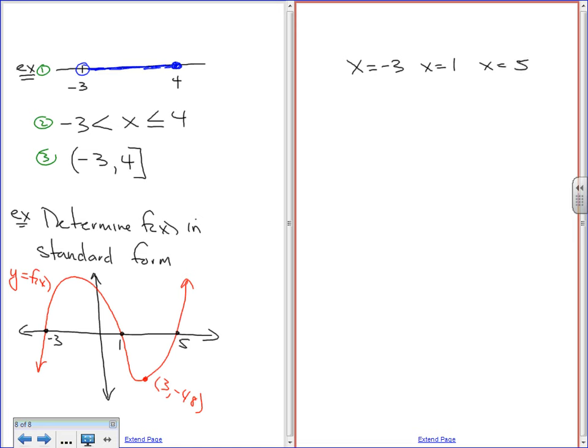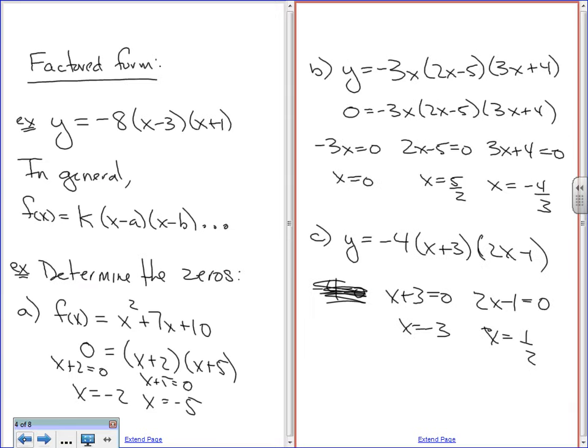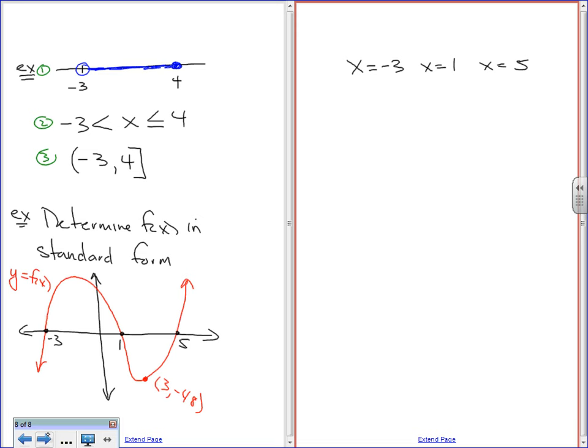Okay, so that's a good starting point. How does that help? If I go back to the examples, because ultimately what I want to do is the reverse of this question, right? Here it was in standard form. Then we put it in factored form, and then I was able to determine the zeros. I'm just kind of going backwards. So if the zeros are that, what must it have been in factored form?